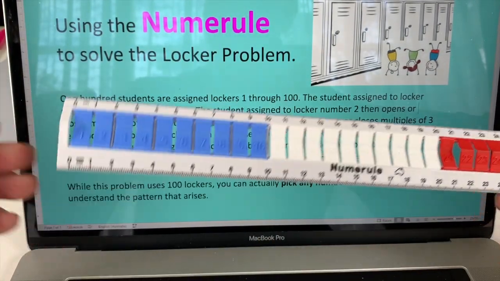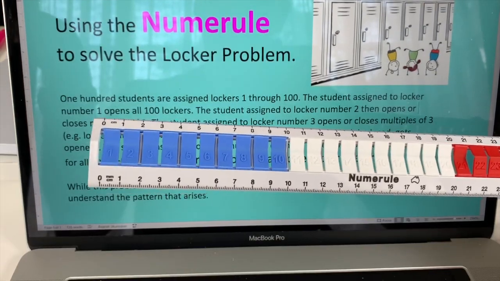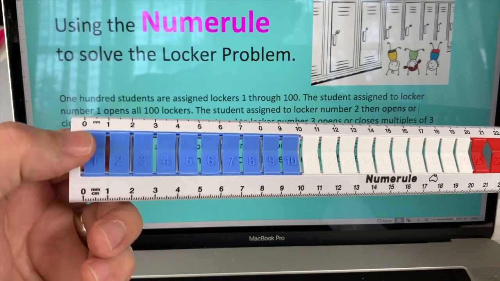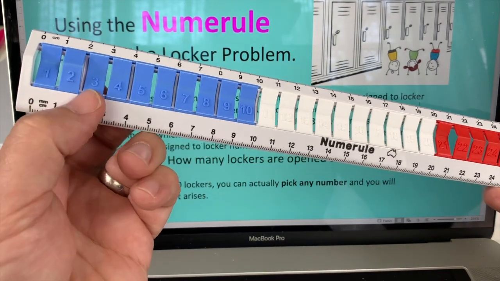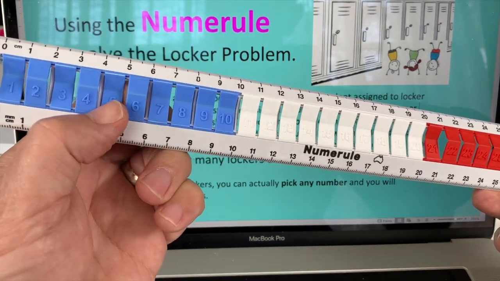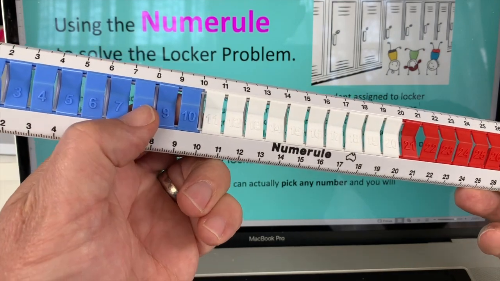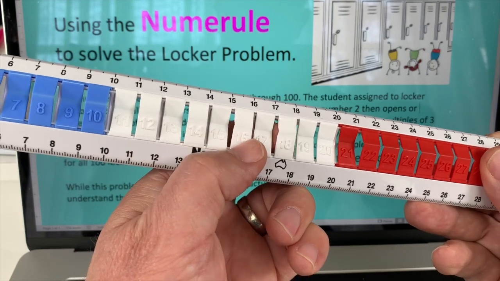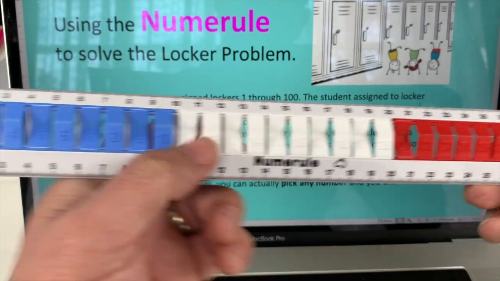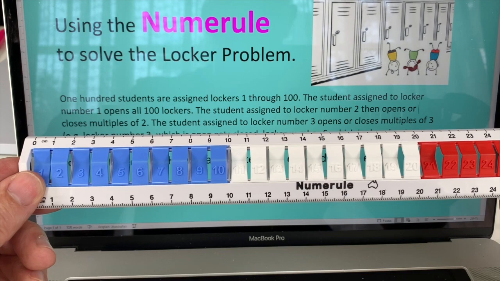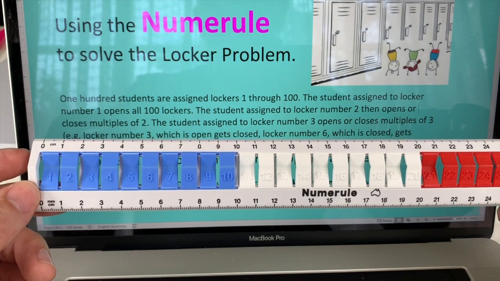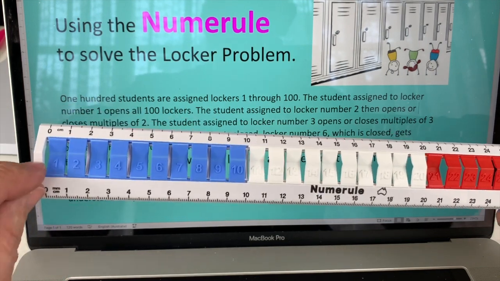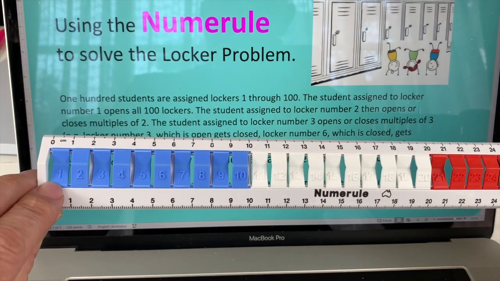Student number 2 comes along and either opens or closes lockers which are a multiple of 2. So 2, 4, 6, 8, 10, 12, 14, 16, 18, and 20. So let's have a look at multiples of 3.